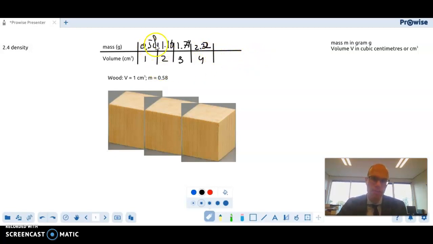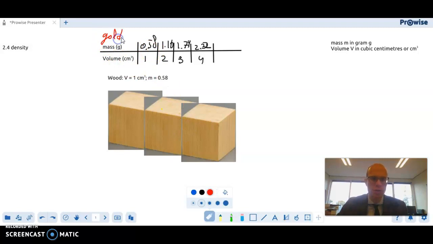And you can see that it's a ratio table, that if you divide the upper number by the lower number, you always get the same number if we have the same material. What if we do it with, for instance, gold? So this is wood and we have gold.